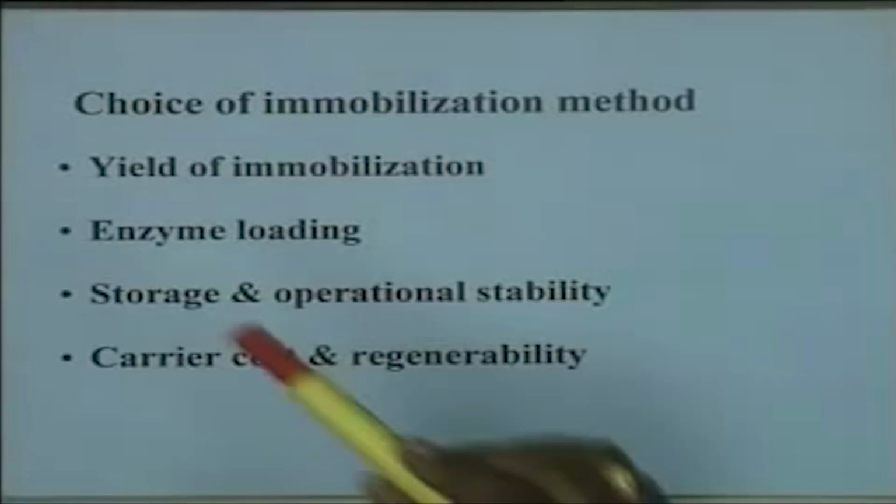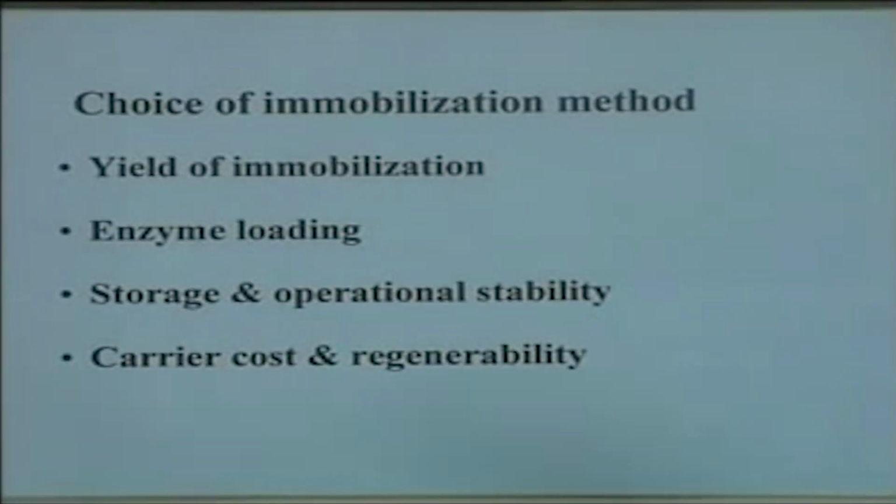Now, for example, out of the methods available, which we will discuss subsequently, if you have to choose the immobilization method, let us say which one to use for a specific application, there are four distinct parameters which should be looked into, and I think the first and probably the foremost is yield of immobilization.